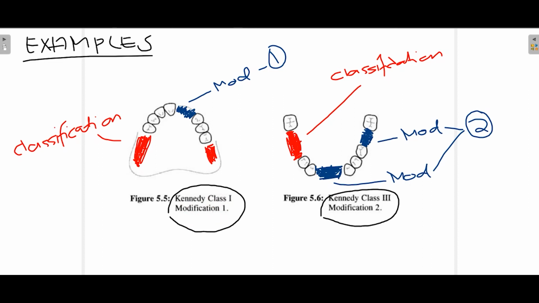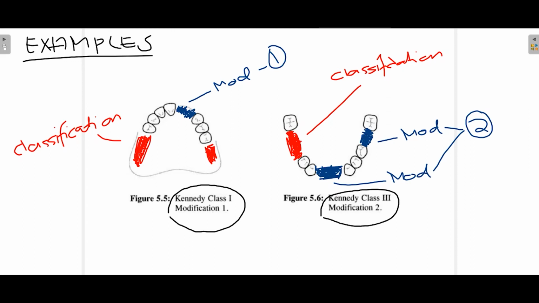Now talking about the example on your right hand side, in this case you can see the most posterior teeth which can determine the classification is this area, which is in red. Now in this case you can see teeth are present posteriorly as well as anteriorly. So this is class 3, which is unilateral bounded saddle.